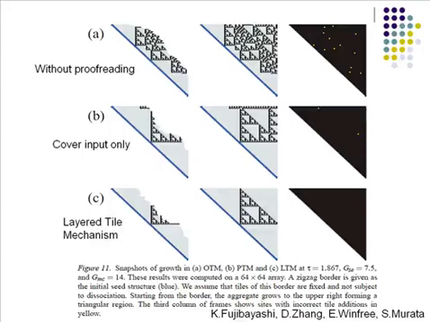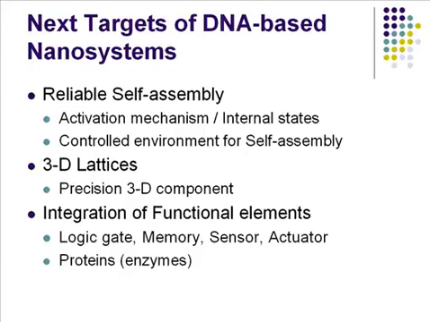So maybe this is the time to conclude my talk. I would like to explain some future of DNA-based nanosystems. The next target is to realize reliable self-assembly, which we are now working on.